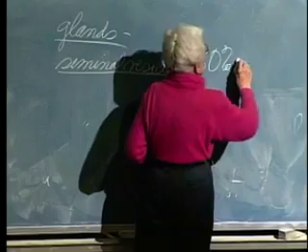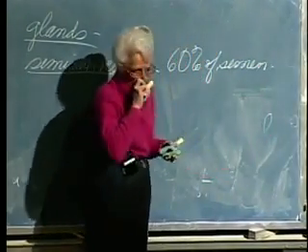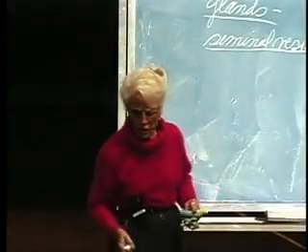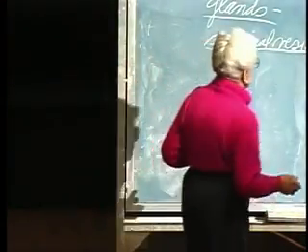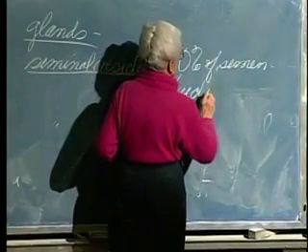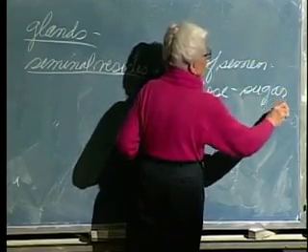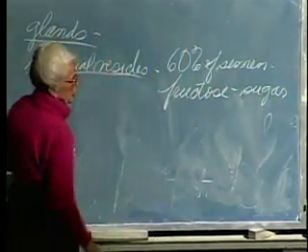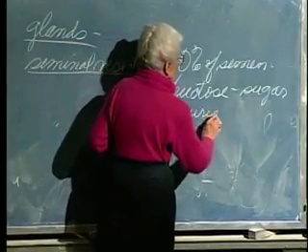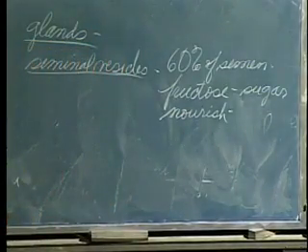And they contain in their secretion a sugar, the fructose sugar, to nourish the sperm, now that they've left the epididymis. They're out on their own.